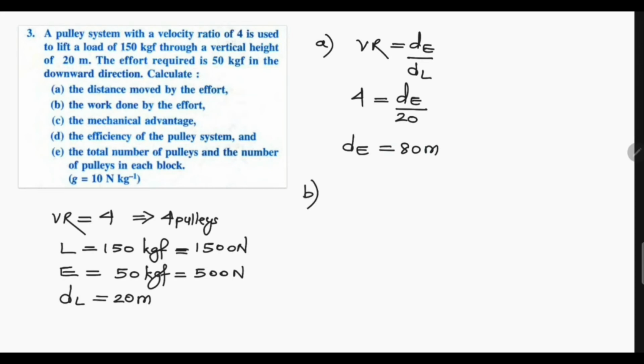B part, calculate the work done by the effort. So work done by the effort will be equal to force, that is effort, into displacement. Effort is how much? 500 newtons. Displacement of effort you have just calculated, that is 80. Hence this will be 40,000 joules.